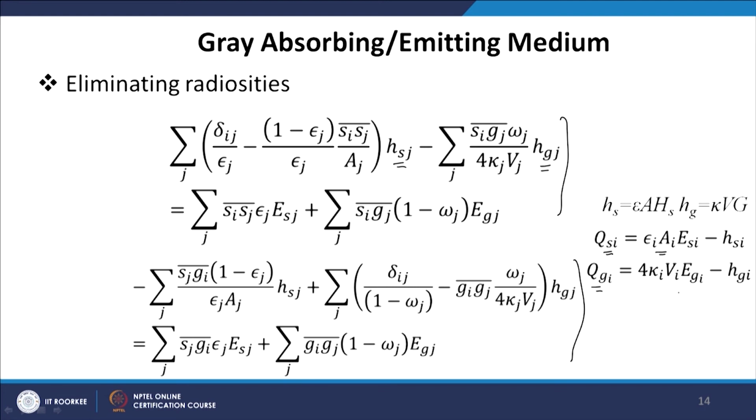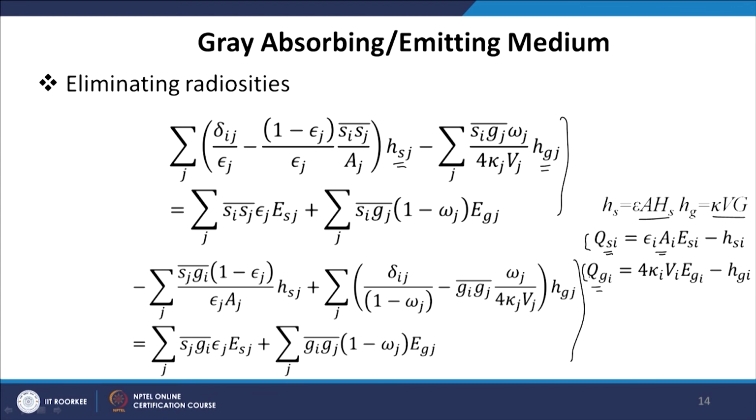So HSI and HGI are two unknown variables which have been introduced here. HS is epsilon A times HS, and Hg is kappa times V times G. For these two variables we will solve these two equations, and once we have solved them we can calculate the radiative heat flux at the surface and radiative transfer from the volume using this expression.